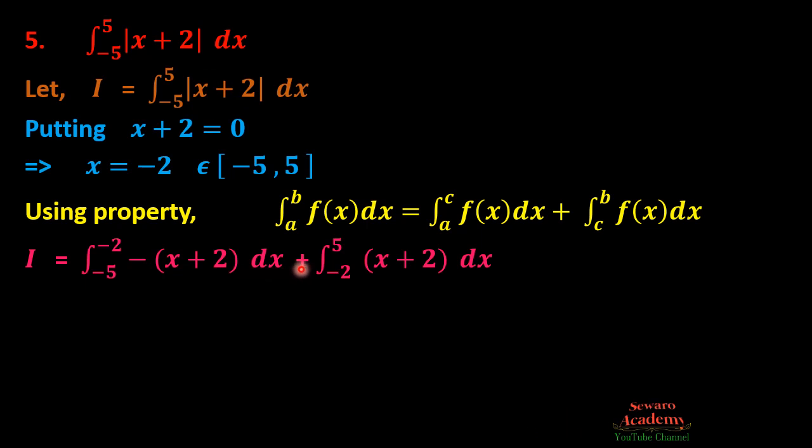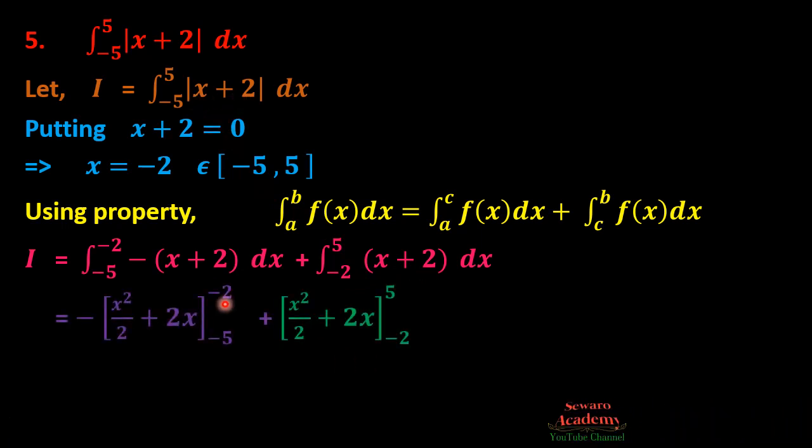Then plus, and our limits are minus 2 to 5, x plus 2. This will remain positive because for all the values of x which lie between minus 2 and 5, this function will be positive. Then we integrate. Integration of x is x square by 2.